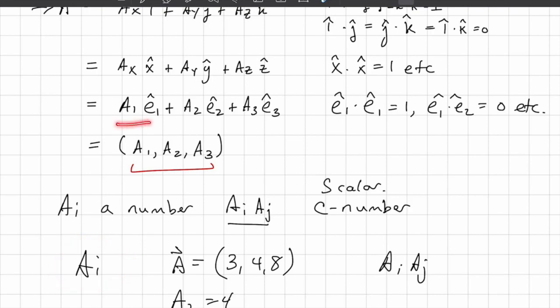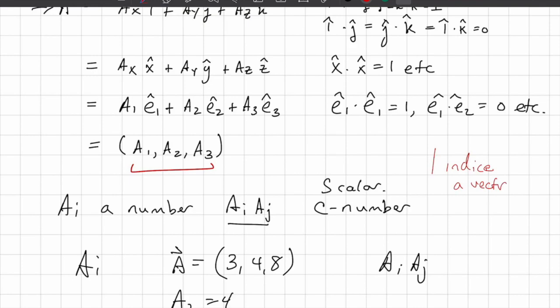I don't mean A1 e1. I mean the number that you multiply the unit vector by. So A sub i will simply mean one number. And we're going to then learn that things that have one index are called vectors. So anytime you have one index, or one indice, that is a vector.